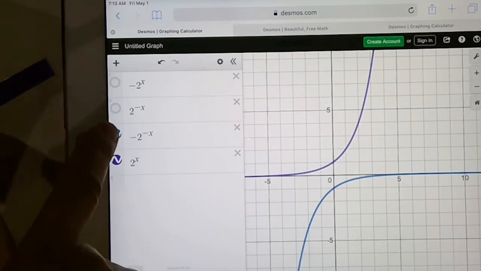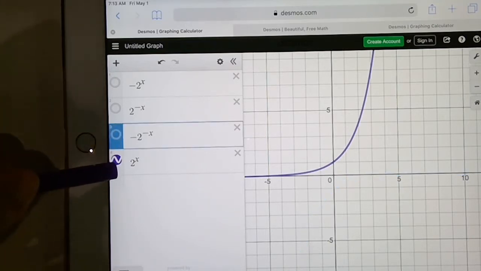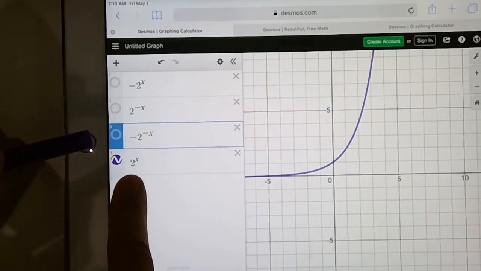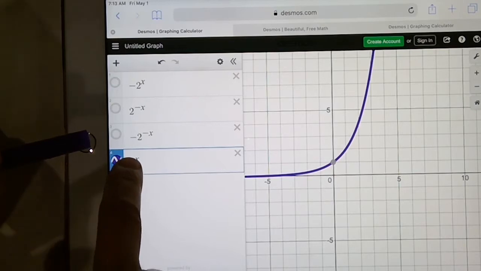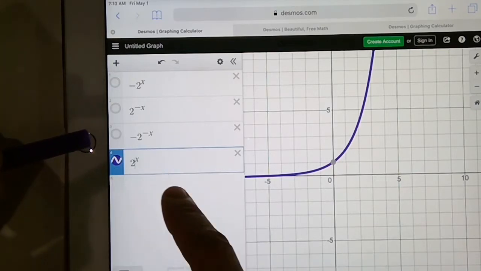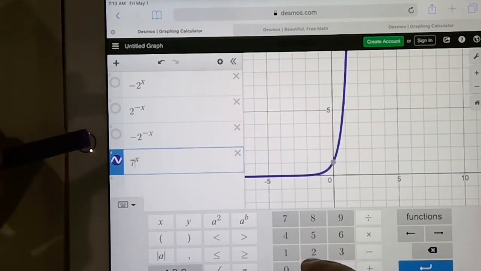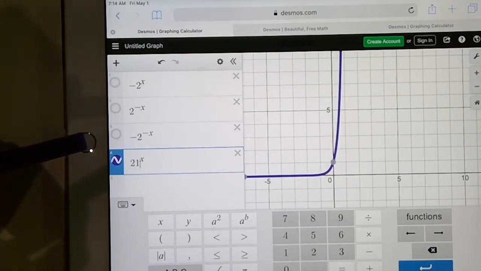Usually we're working with this graph right here, and that is exponential growth because your base is a number greater than 1. If I were to put 7 here, same thing, it's going to go up a lot faster. If I were to put 8, if I were to put 21, it's just going to go steeper and steeper.